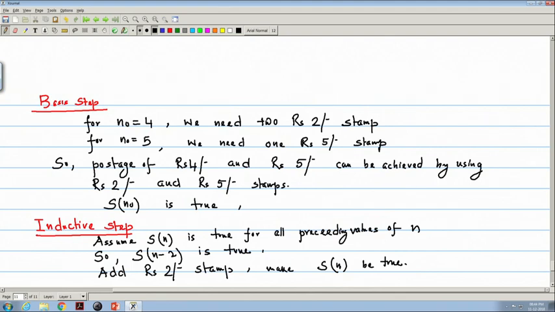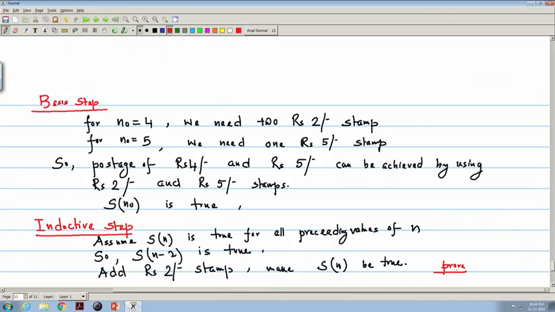So, it is proved that any postage of ₹4 or more can be achieved by stamps of ₹2 and ₹5. So, notice for this particular example, it is very much required that some preceding values be true, like for n we have that Sn minus 2 must be true.